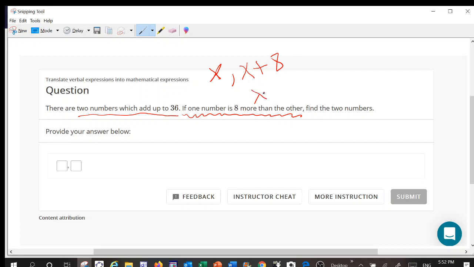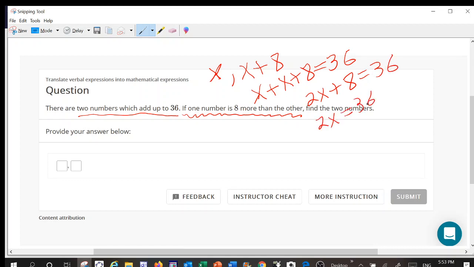Now we know that the two numbers add up to 36. So that means x plus x plus 8 equals 36. So that's 2x plus 8 equals 36. So 2x equals 36 minus 8. So 2x equals 28.